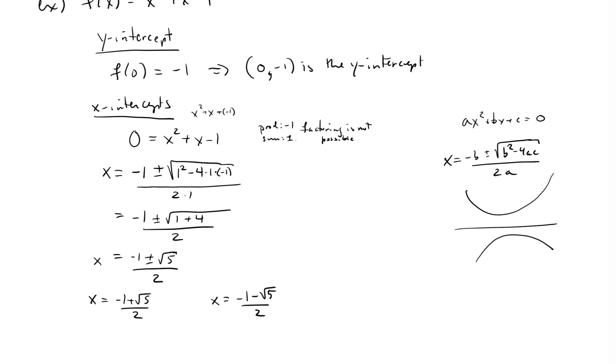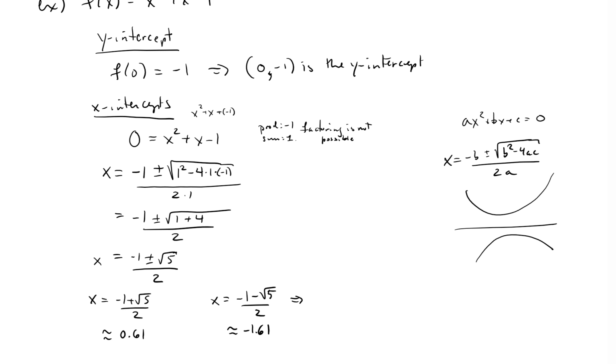Eventually we'll need to place our x-intercepts along the x-axis, so it's nice to know what this corresponds to numerically. So minus 1 plus root 5 is approximately 0.61, and this one is approximately minus 1.61.